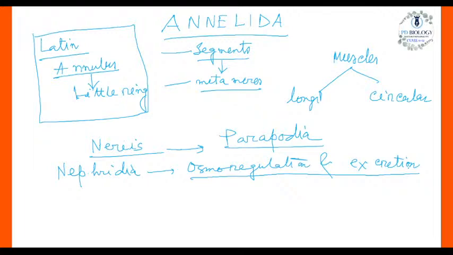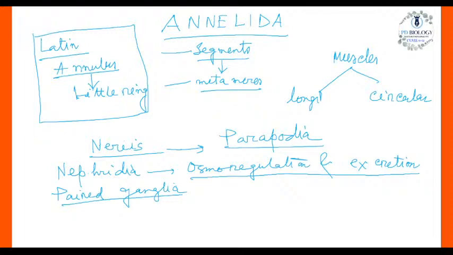The neural system in Annelida consists of paired ganglia.